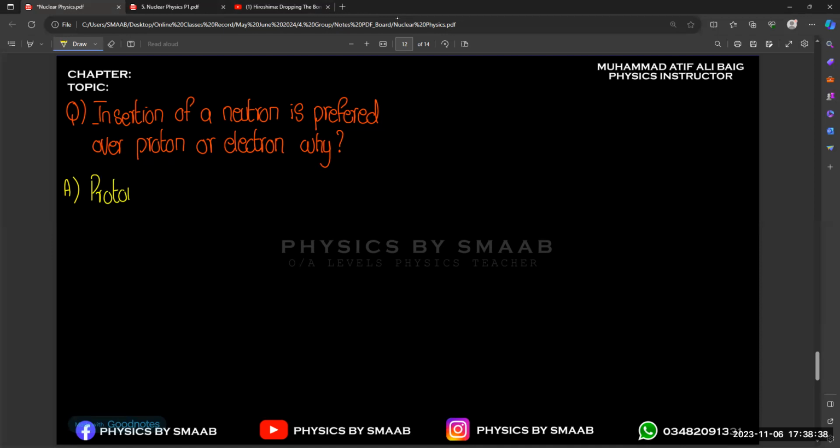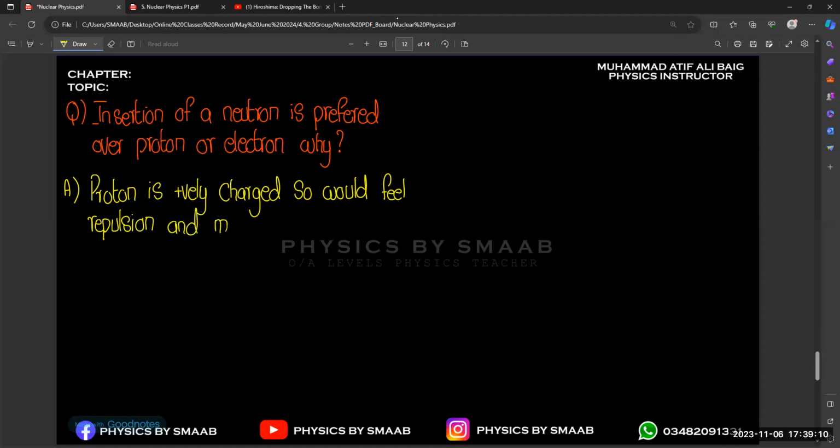So proton is positively charged, so it would feel repulsion and more energy will be needed.